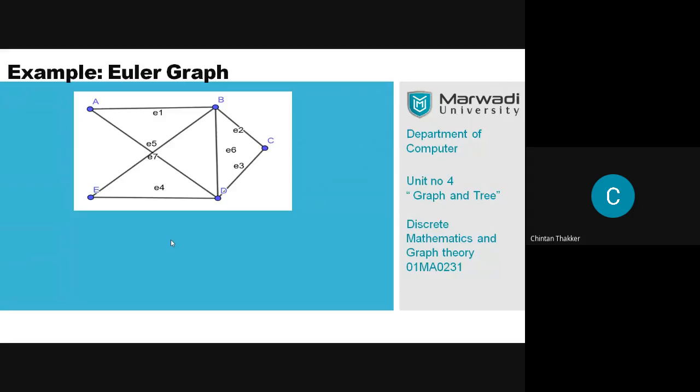Euler line means a walk, closed walk, which contains all the edges. Okay. You have to start with A, then you have to reach at A again.